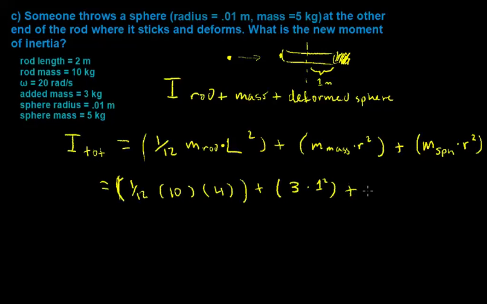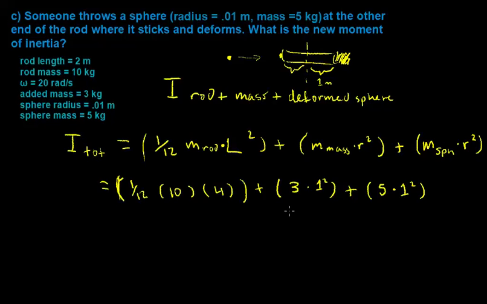And then moving on to our tiny sphere at the end, this distance, our r, is going to be the same as the one for our mass, just because these distances are the same. So our sphere's mass was 5 kilograms, and then times 1 squared again.